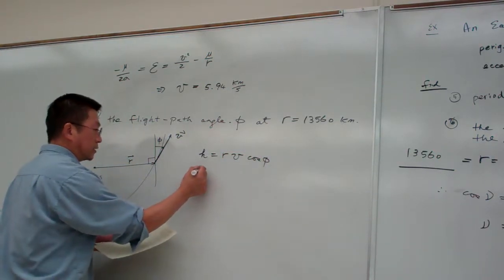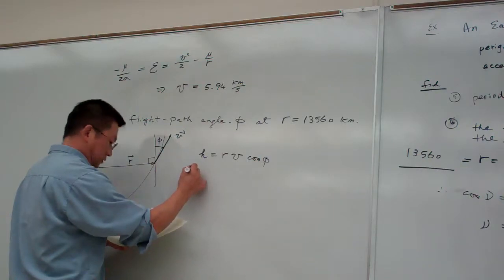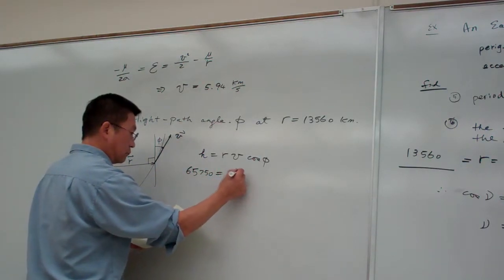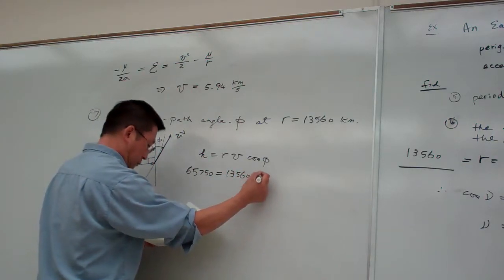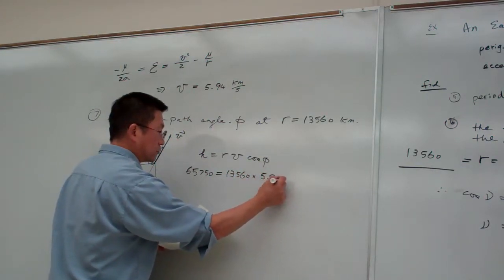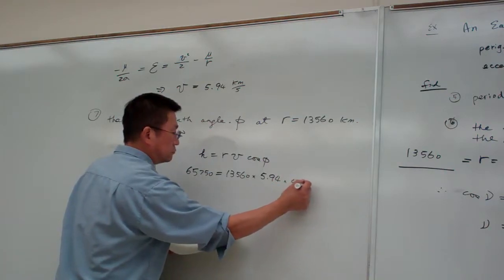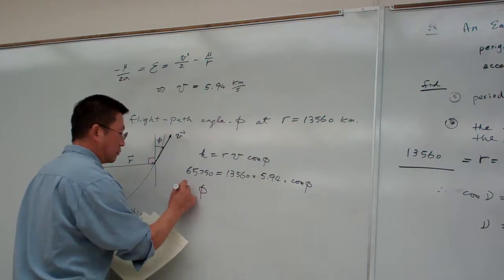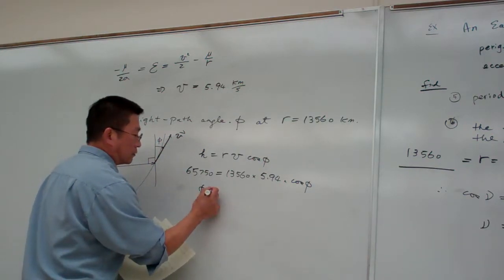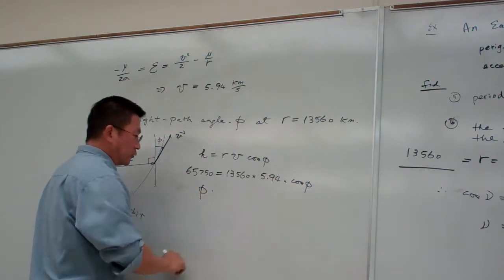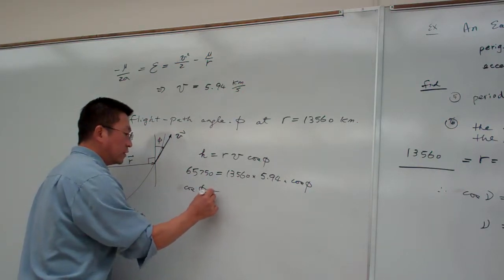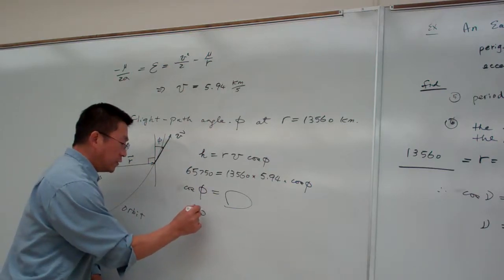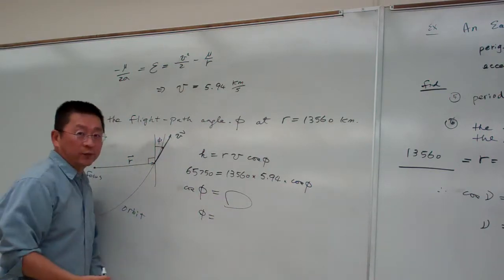We use this value, 65750. Again, from here you should be able to find cosine phi equal to a certain number. I don't have this number yet. And then phi will simply be the inverse cosine of this number.